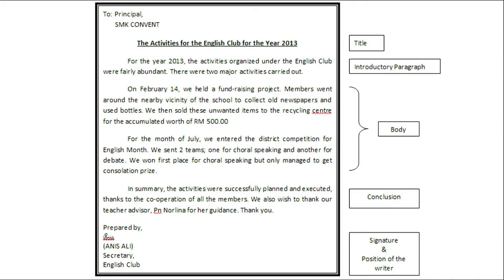And don't forget, at the bottom of the essay, you need to write written by or reported by or maybe prepared by, and then put your signature and then also your name, all in capital letters, and then put a bracket, and then your position if it is mentioned in the question, and of course English club. So that is the format for report.